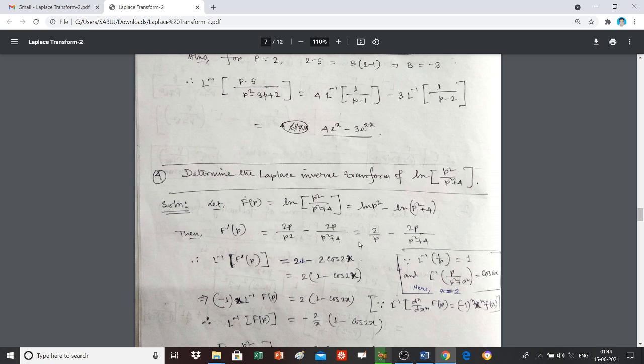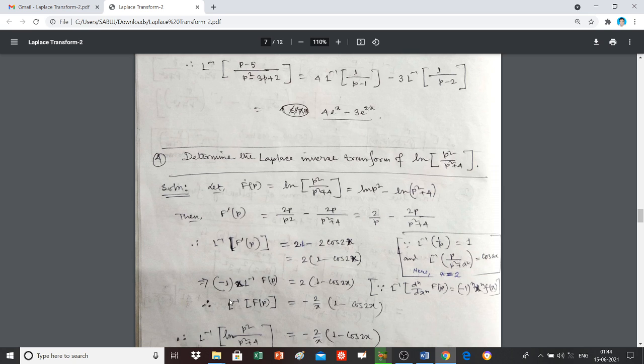So this 2 is taken out, and you know that the Laplace inverse transform of 1 by p is equal to 1, and for the second term 2 is here, and the Laplace inverse transform of p by p squared plus 4 is equal to cos 2x, because we know that the Laplace inverse transform of p by p squared plus a squared is equal to cos ax. In this case your a is equal to 2. So it is not very difficult to understand. That is equal to 2 into 1 minus cos 2x.